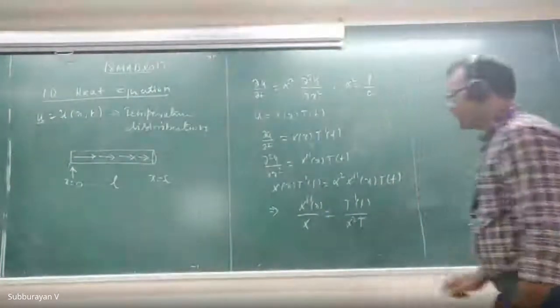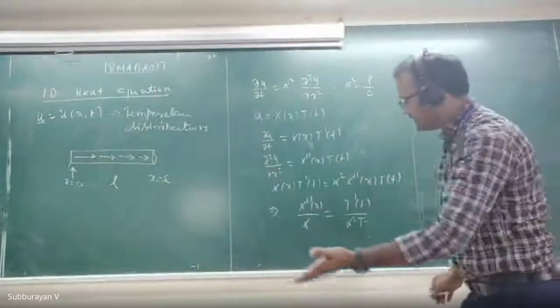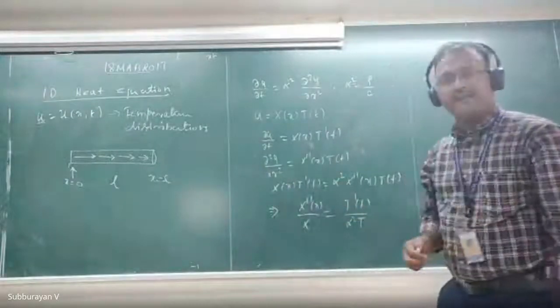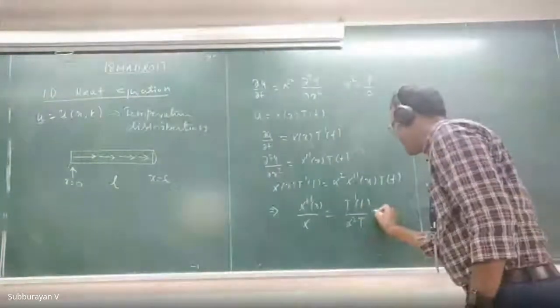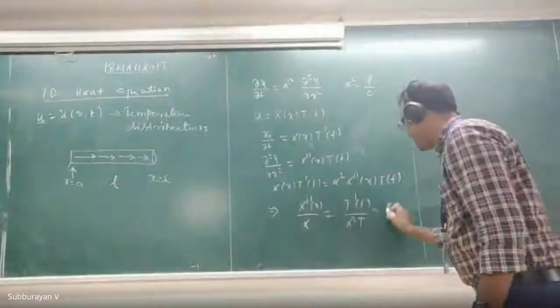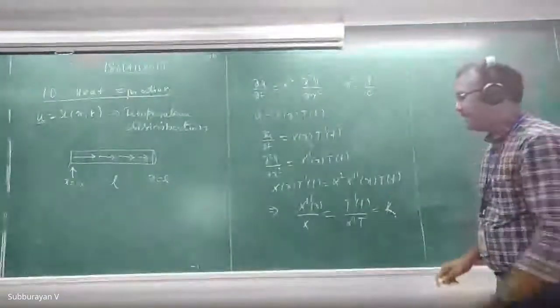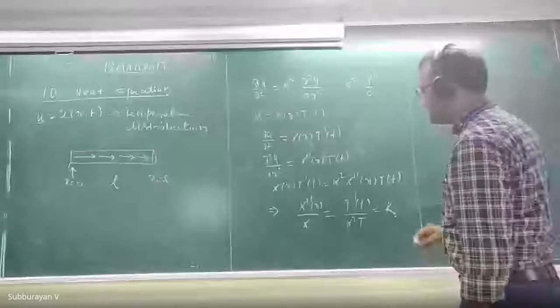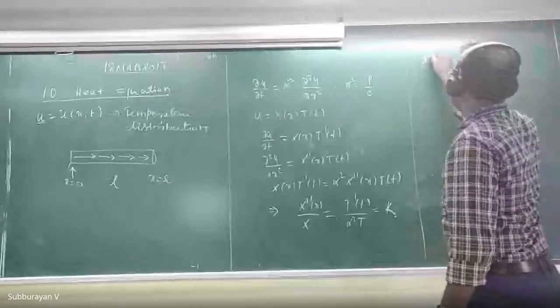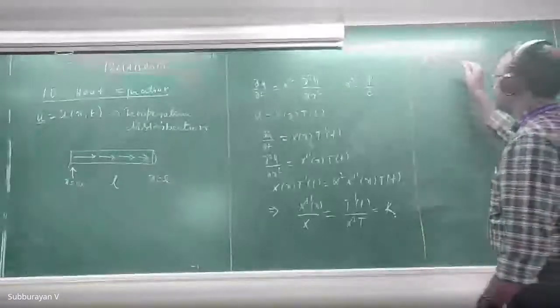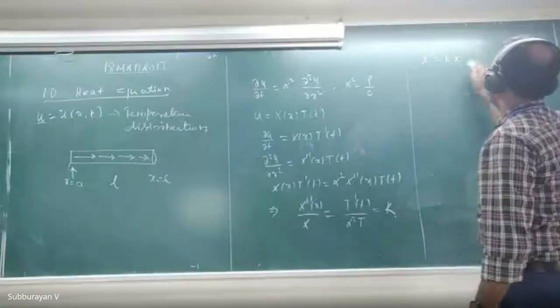Okay, fine. Now, look at this. Left hand side is a function of x and the right hand side is a function of t. Therefore, this must be some constant k. Okay, we can equate this equation as X'' equal to k into X, first equation.